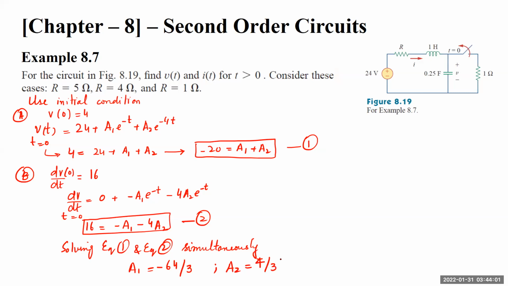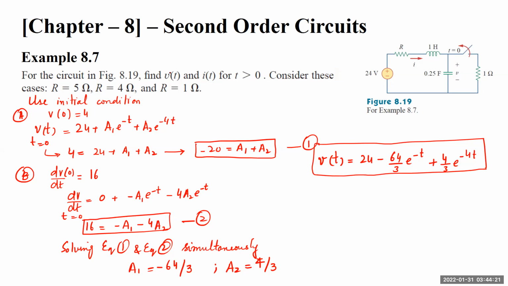So my voltage function will look like 24 minus 64 by 3 e raised to power minus t plus 4 by 3 e raised to power minus 4t. This is how v of t will look like.